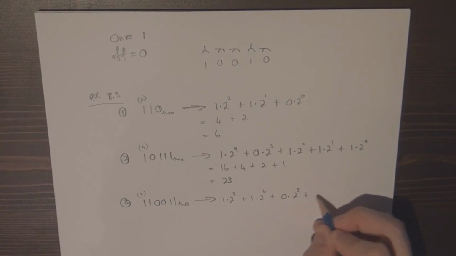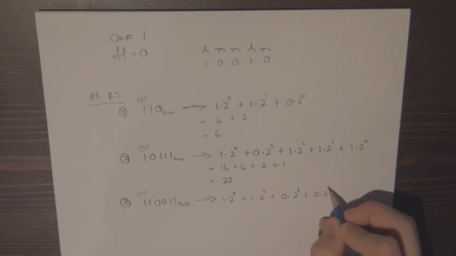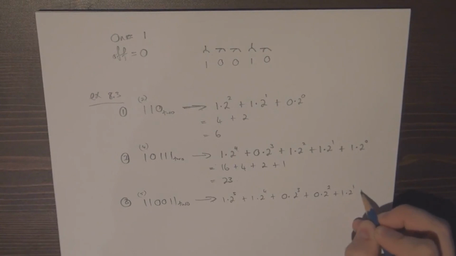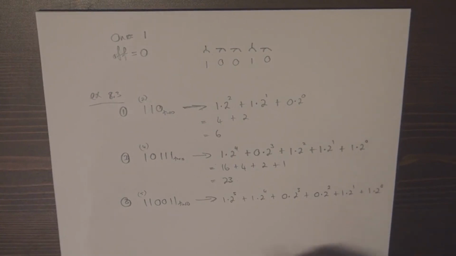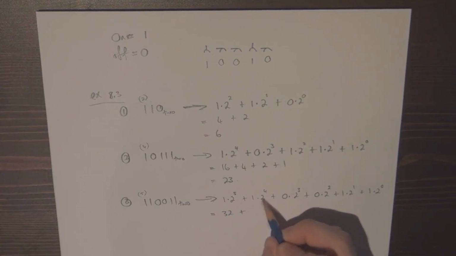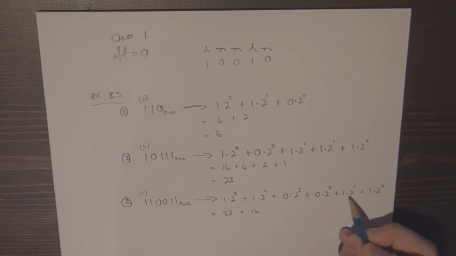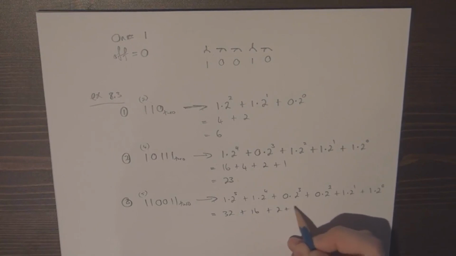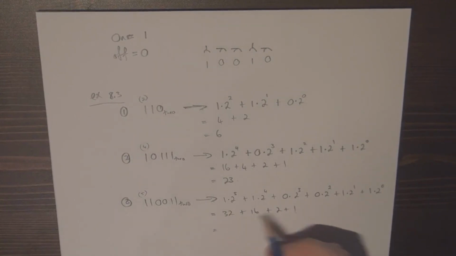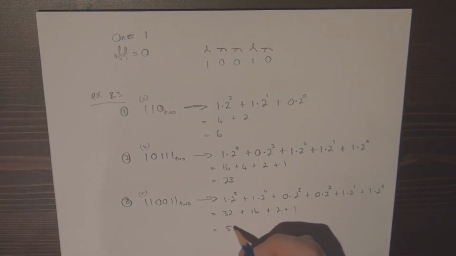Then no 2 cubed, no 2 squared, a 2 to the 1, and a 2 to the 0. So I have 32, 16, 2 and 1. So it's 48 and 51.